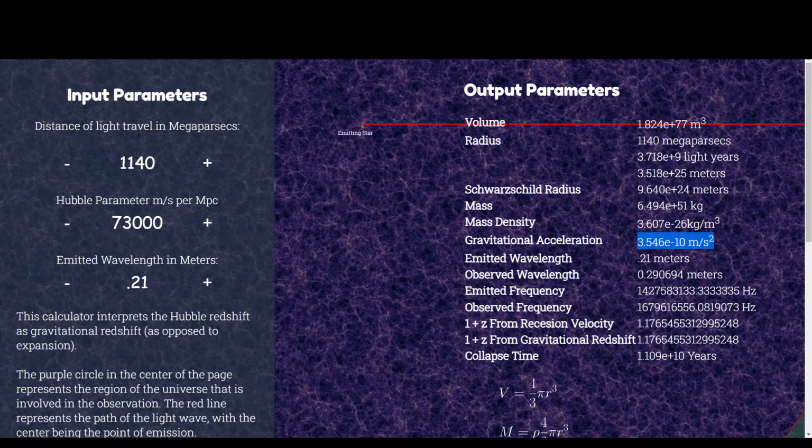It's just the larger scales have a lower mass density and the smaller scales have a higher mass density. But the gravitational acceleration stays about the same. Regardless, if you count it all as going towards the emitting side, you can come up with a Hubble parameter.